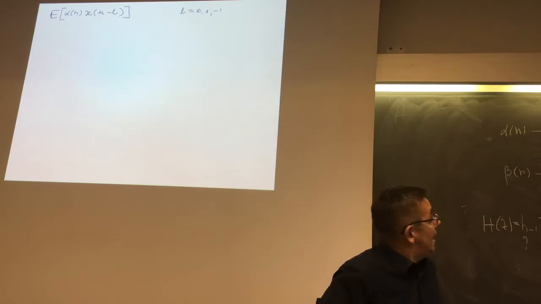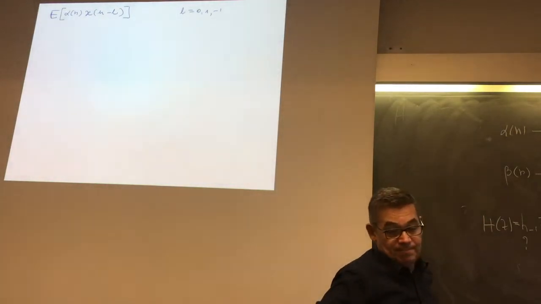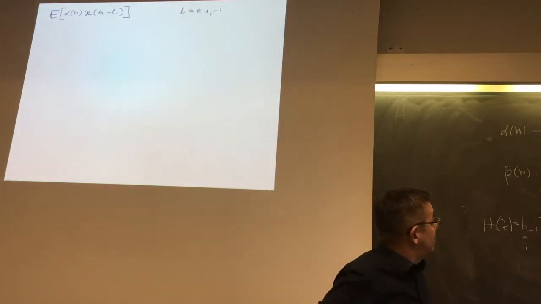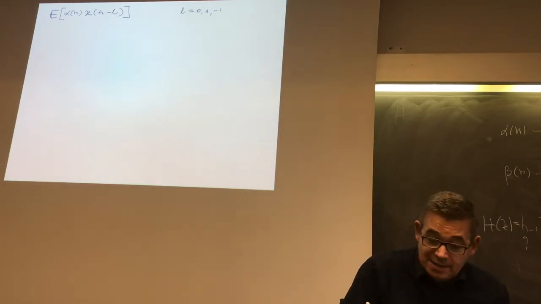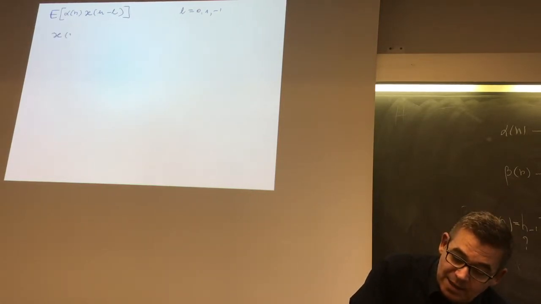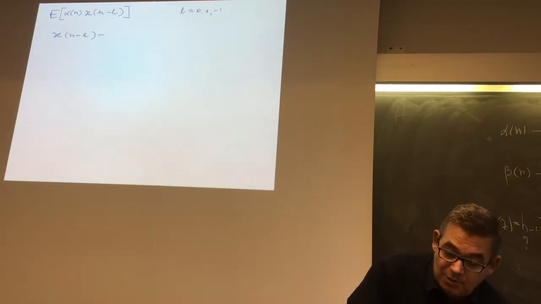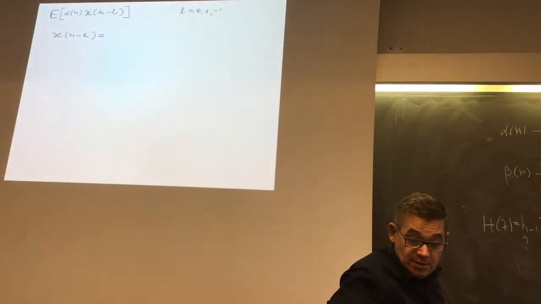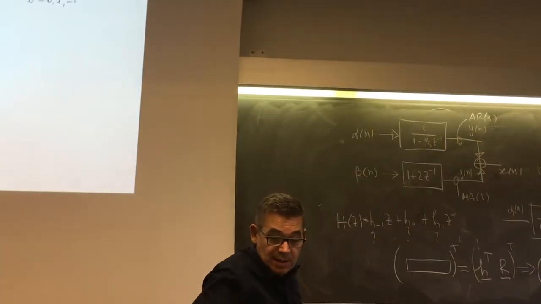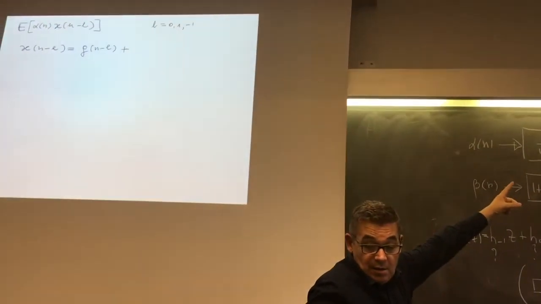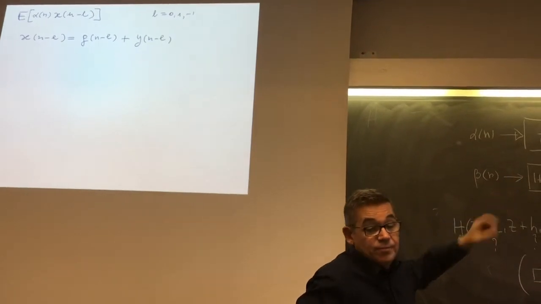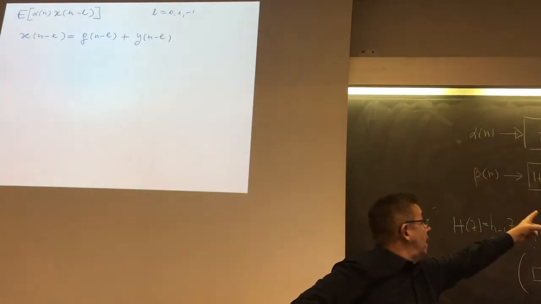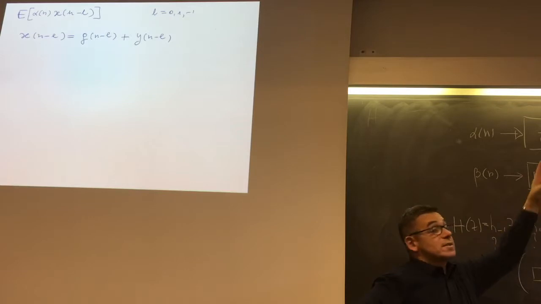Now, what is xn minus L? xn minus L is equal to g n minus L plus y n minus L. That's g, that's y.